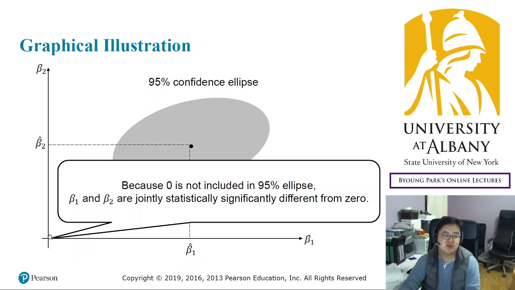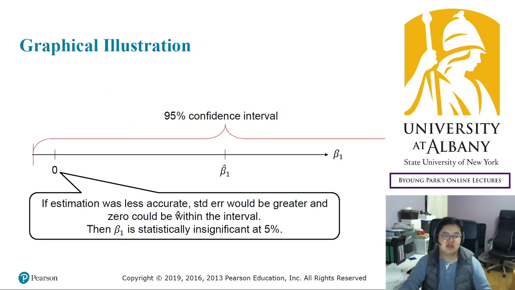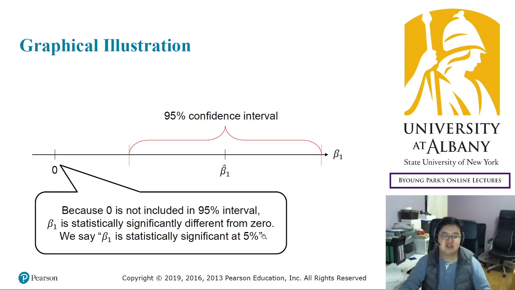Because the origin is not included in the ellipse, we say that beta 1 and beta 2 are jointly statistically significantly different from 0. So jointly is the point now. Statistical significance is usually used only for a single estimate.